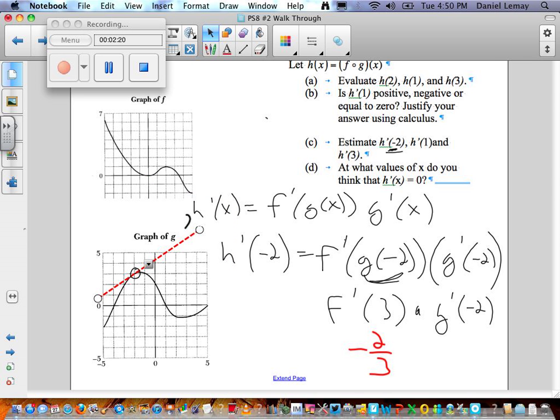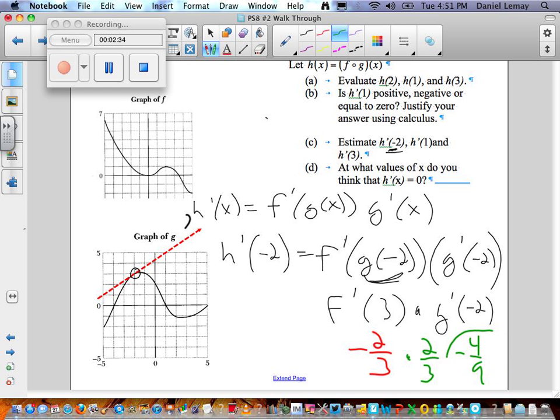A little bit bigger graph might do a better job of that. Up 2/3. What's wrong with that? I almost like that better. So that's going to be +2/3. Well, if I multiply those two slopes, I'm going to get -4/9. Okay, so that's what the derivative will be at -2.